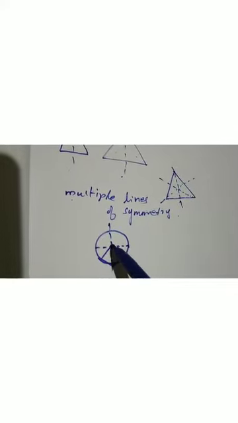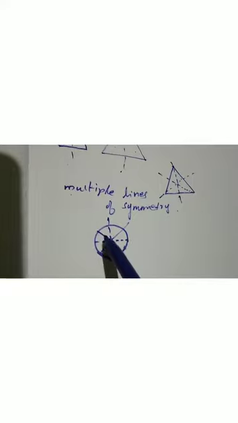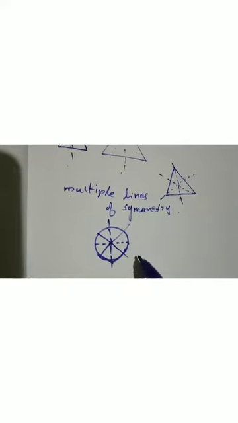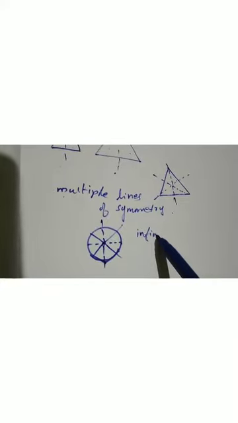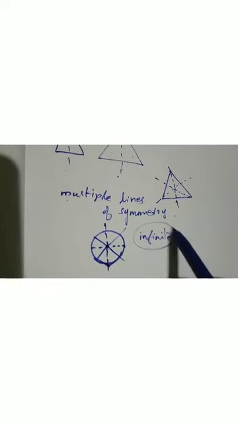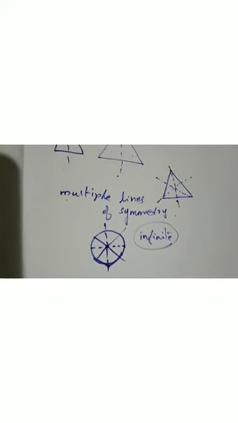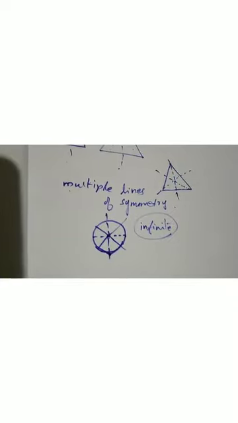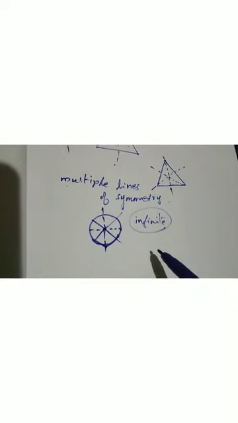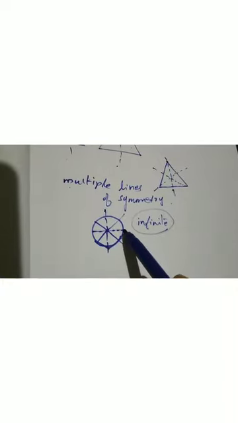For this one, we can draw many symmetry lines for a circle. So, infinite number of lines are there for one circle. Infinite number of axes of symmetry are there for circle. Okay, now this is the diameter also.